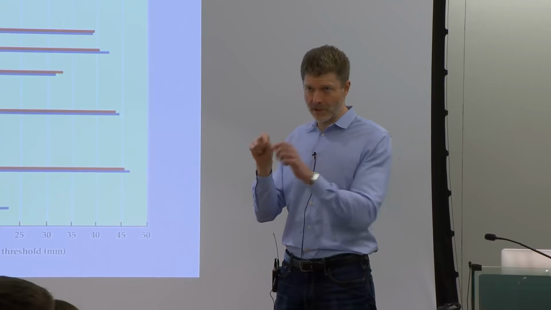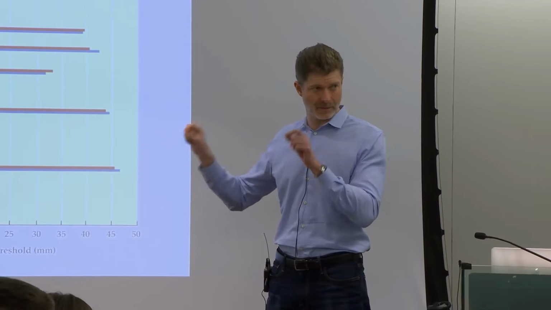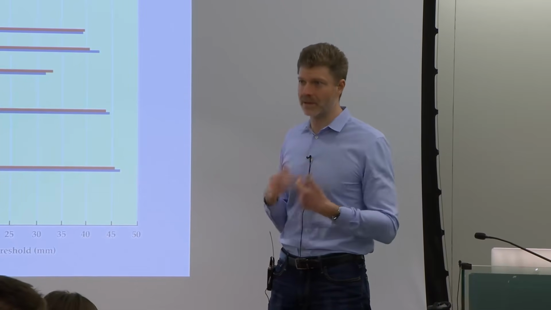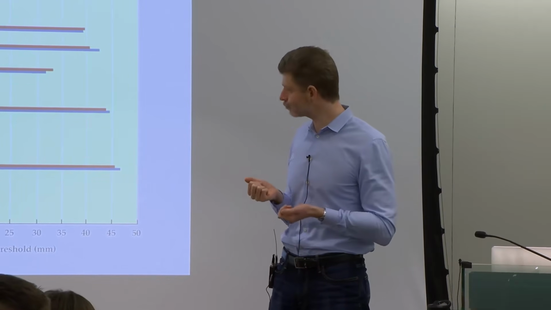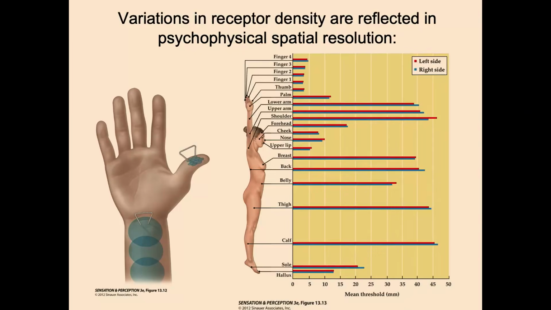Clearly, eventually, if you move the things far enough apart, you'll be able to tell that there are 2 pokes. But if they get really close together, it would be indistinguishable from 1 poke. This graph is plotting the threshold for distinguishing 1 and 2 pokes at all these different places on the body.